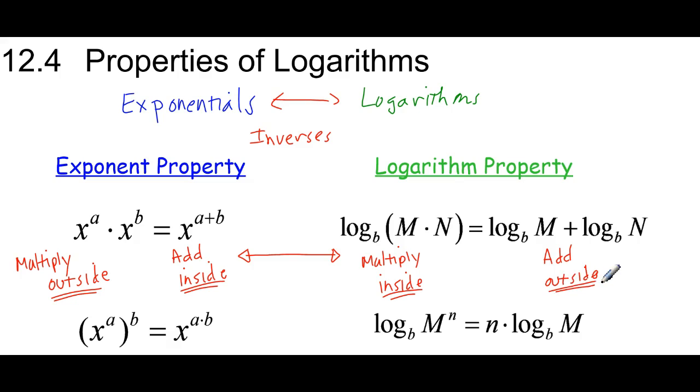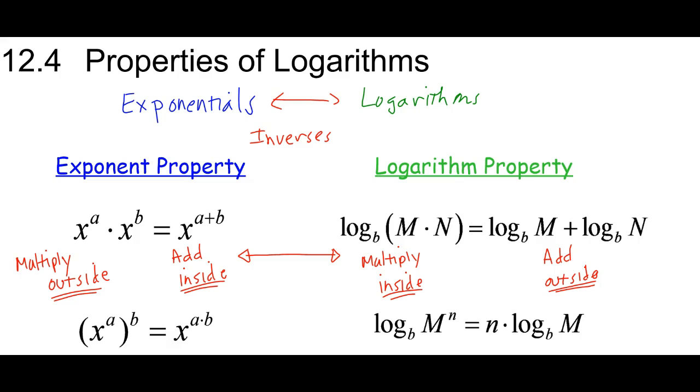It's exactly backwards. It's the reverse of the other property. Multiply outside, add inside, versus multiply inside, add outside. So if you understand that exponentials and logarithms are inverses to each other, these properties will make more sense because they should be opposite to each other because they're opposite functions.